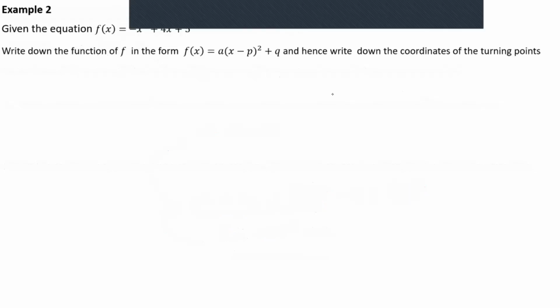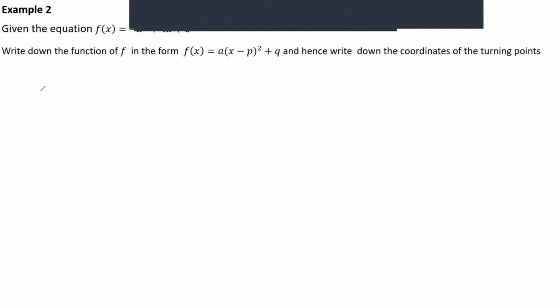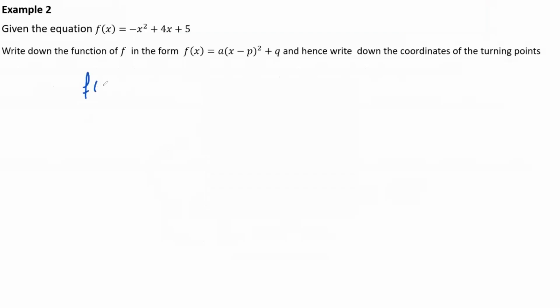It says, given f of x is minus, this time the coefficient of x squared is negative. And the rule says if the coefficient of x squared is not 1, factor out. So when I'm factoring out here, f of x is equal to minus, I'm factoring out, so that becomes x squared minus 4x minus 5.